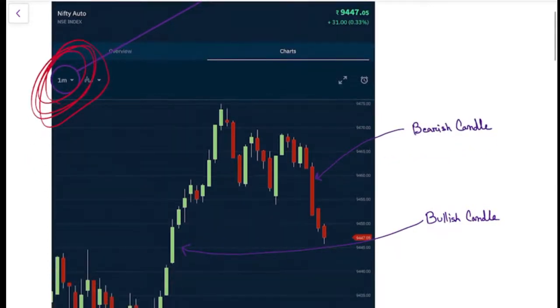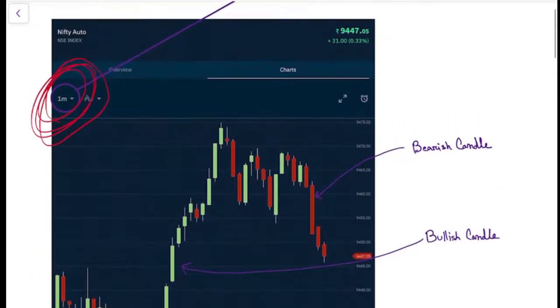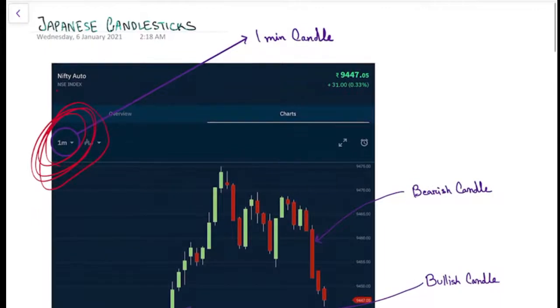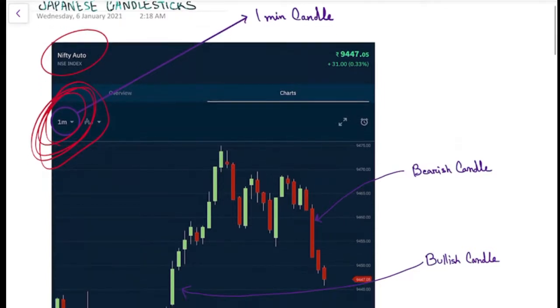Just go to the Upstox account or any Zerodha account, go to the chart section, and click on the instrument, which is basically the index or companies. If you want to see the Japanese candlestick of Tata or SBI, click on Tata and open the chart. After opening the chart, you can select the chart type and click the Japanese candlestick style.